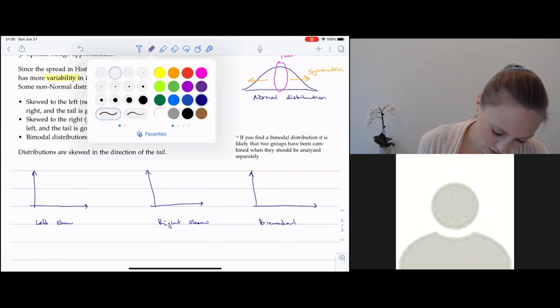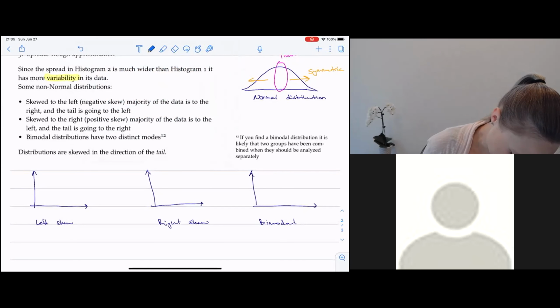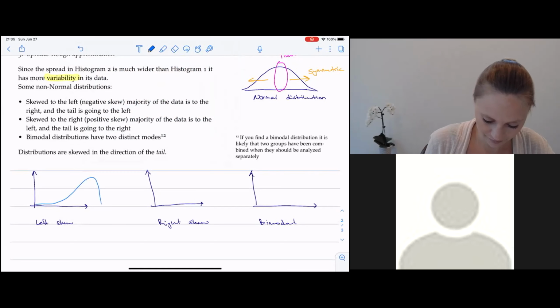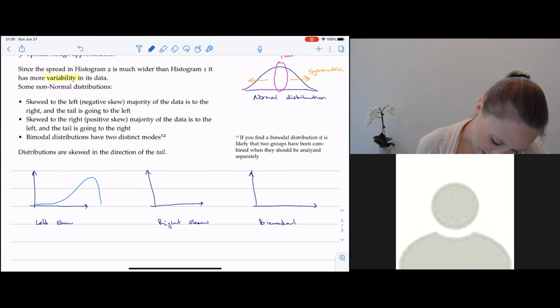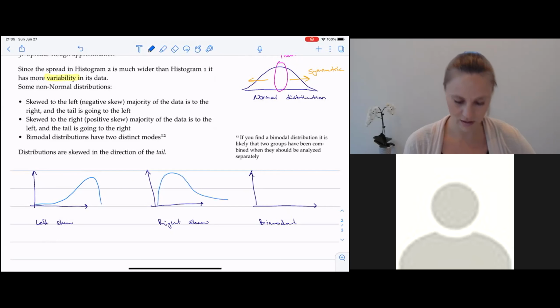And so if you have a distribution that kind of looks like this, then you have a left skewed, or a skewed to the left, distribution. Whereas if you have a right skew, then it might look something like this, right?